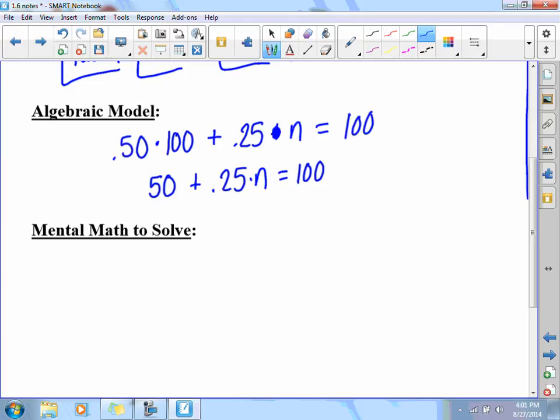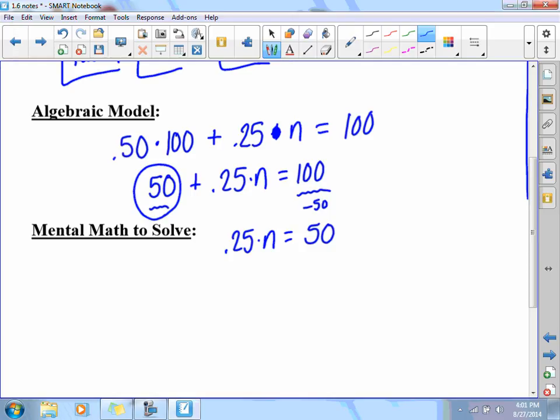I know I've got this $50 over here, and I've got this $100 over here. If I take away that $50 that I earned from the tacos, that means I have 0.25 times the number of sodas. And just selling the sodas, I would have raised $50. I got half my money from the tacos and half my money from the sodas.